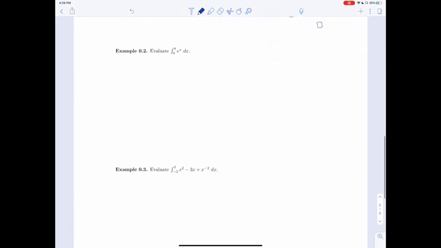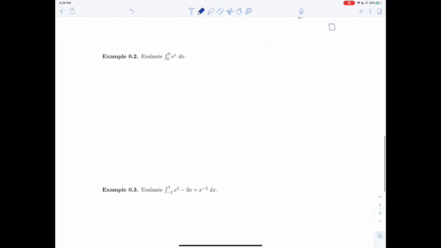Let's see if we can try some examples. Let's evaluate the integral from 0 to 9 of the function e to the x. Recall this works for any antiderivative. I always like to pick the easiest antiderivative, so the one where that extra constant at the end is just 0. So we can say, well, F of x equals e to the x is an antiderivative of e to the x.